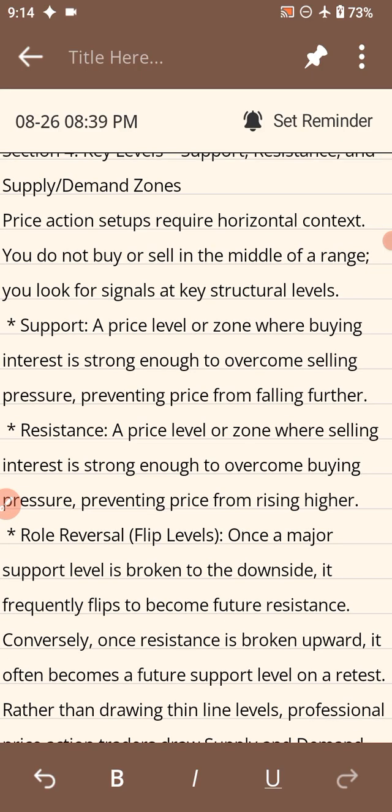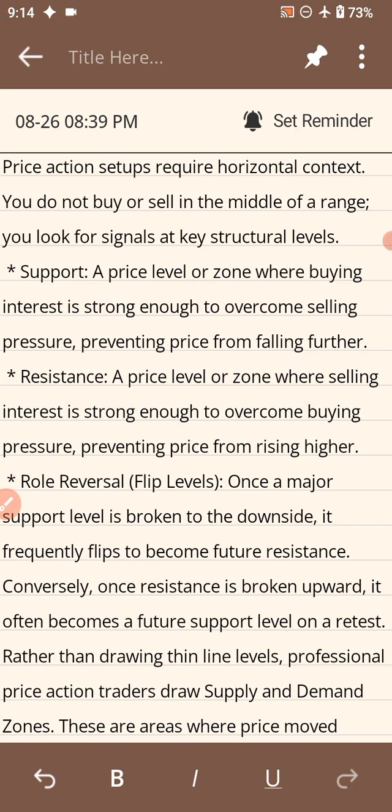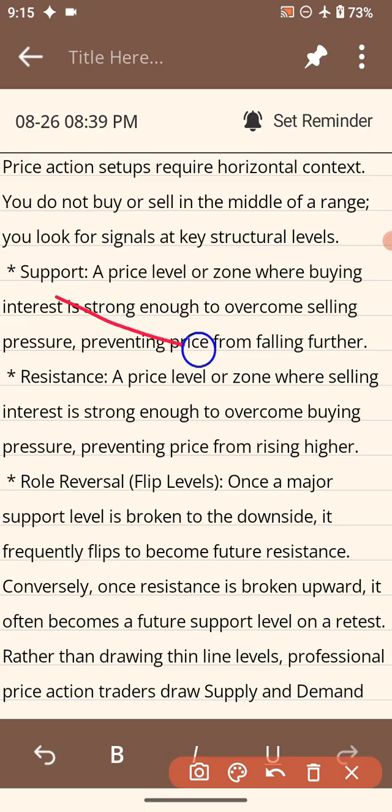Let me read that again for a better understanding. What a support is: a price level or zone where buying interest is strong enough to overcome selling pressure, preventing price from falling further. So you know what support means. This line is a support.